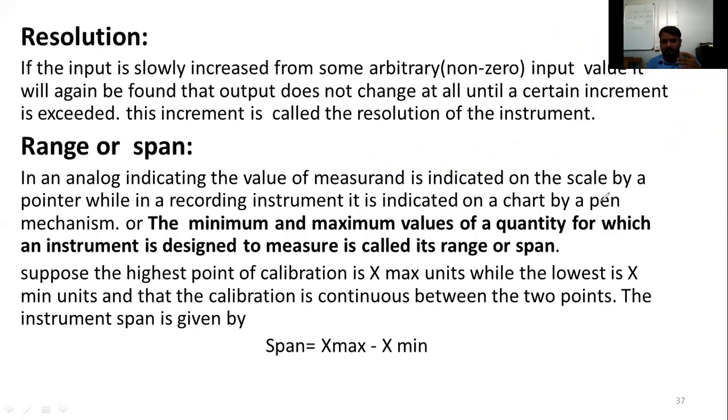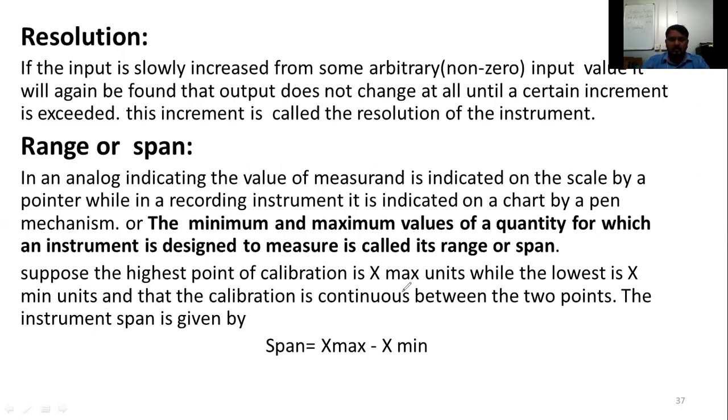Not possible. That is the span or range. Every instrument has some maximum value and minimum value. By doing maximum minus minimum, we can identify the range or span of the instrument.